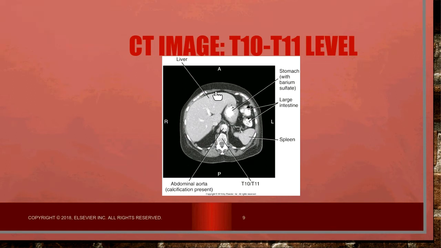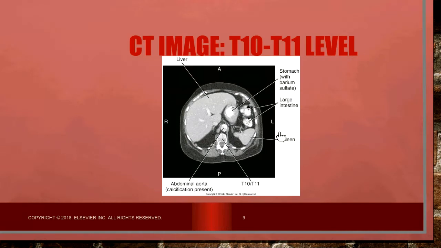You can see this big portion over here, and they've labeled for you the right, the left, the anterior, and the posterior. If this was a patient lying on the table, you would basically be down by their feet looking up. So their head would be up here, feet here, right side, left side.